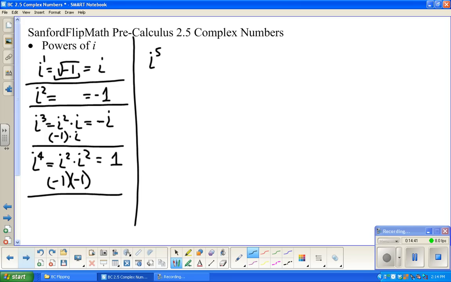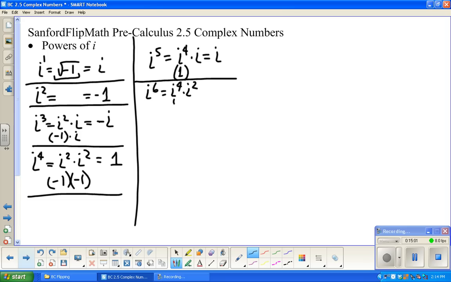Well, i to the fifth, that would be i to the fourth times i. Now, that's not the only way to split it up. I just think it's the most efficient way. Well, i to the fourth is 1 times i is i. So i to the fifth is i. Well, i to the 6th, also i to the 4th times i squared.